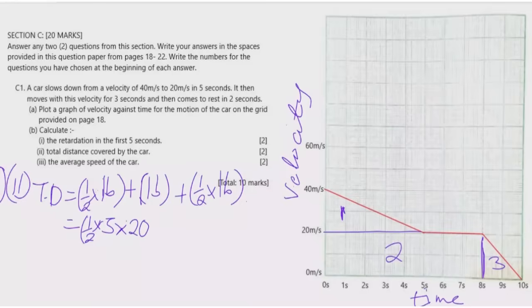Close bracket, then plus L times B for the rectangle, which is 0 to 20, so 20 there, then 8, so the dimensions are 20 times 8. Close bracket, then plus 1/2 times 2, then the height we are given is 20, and we close the bracket.